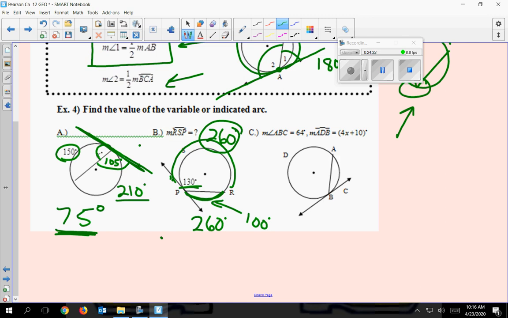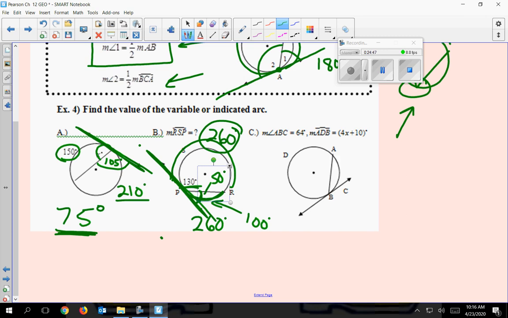And if that arc is 100 degrees, how do I get this angle down here at the bottom? Well, I take the arc and cut it in half. I get that angle is going to be 50 degrees. Well, isn't 50 plus 130 that straight line, okay? So we want to be able to mess with this one pretty well, all right?